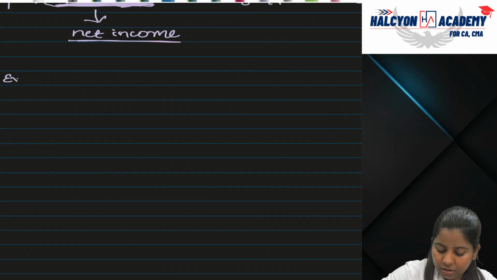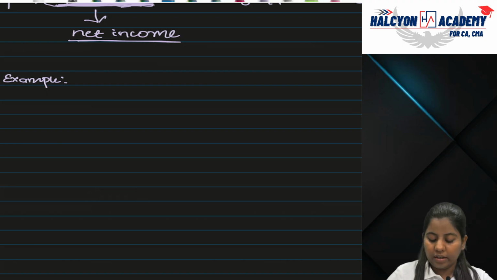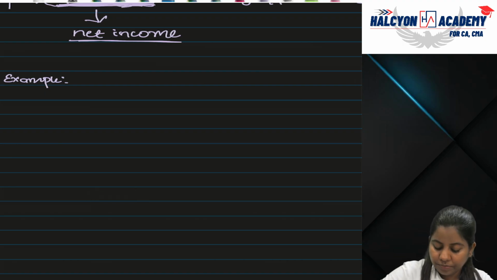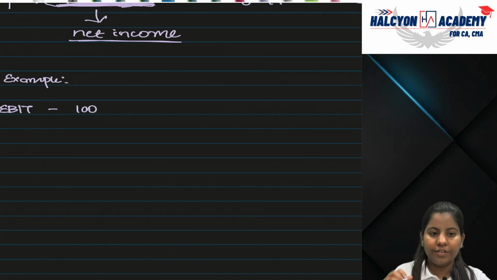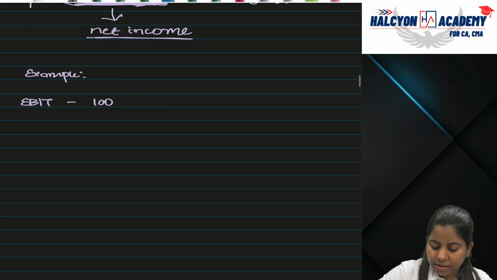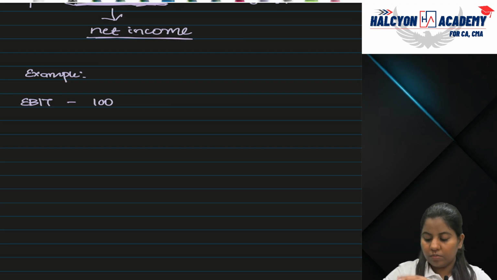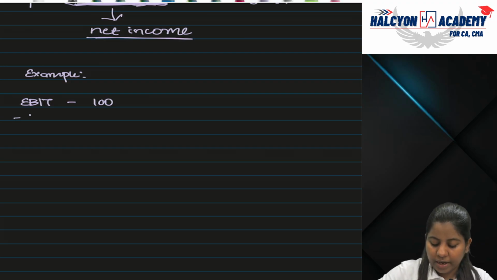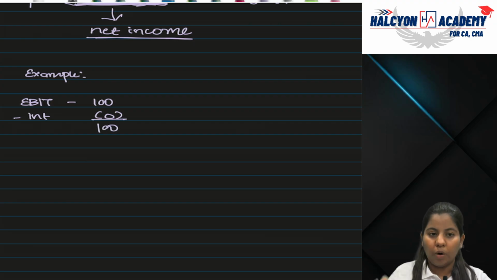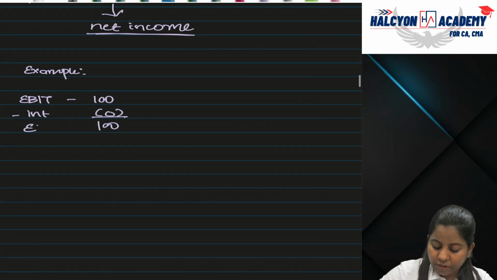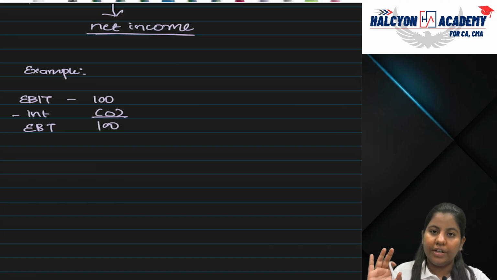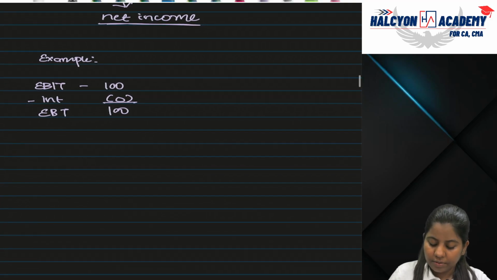So come to an example. Suppose there is no debt in a company, and EBIT is 100 rupees. Minus interest, that will be 0. So it is 100 now. Our EBT is again 100, earnings before tax.